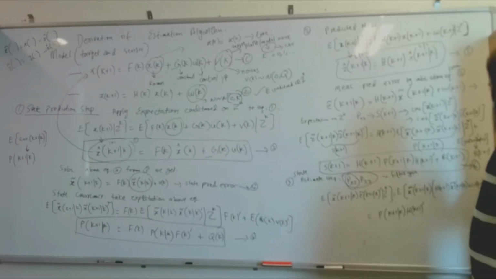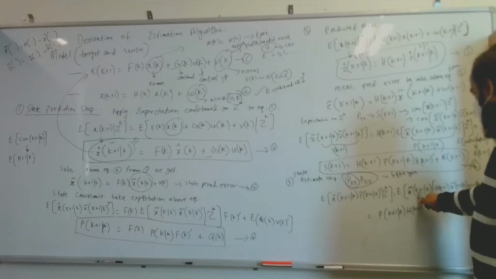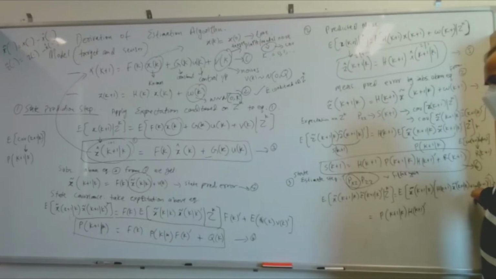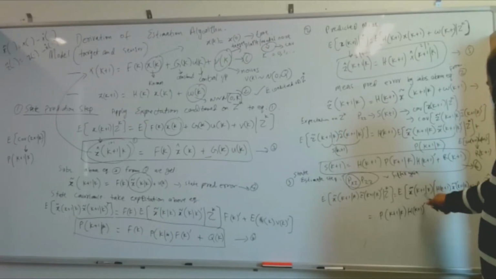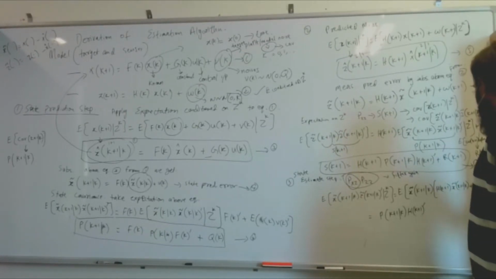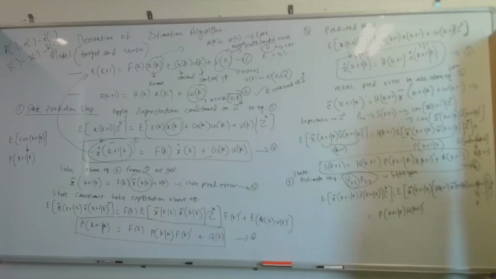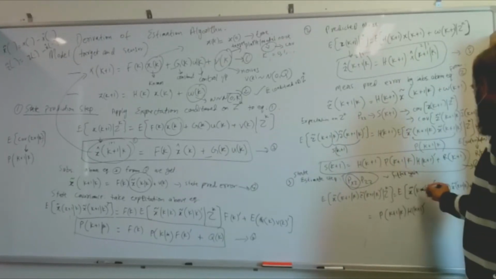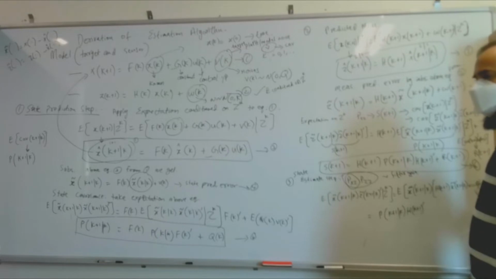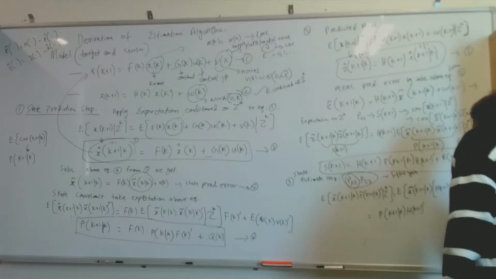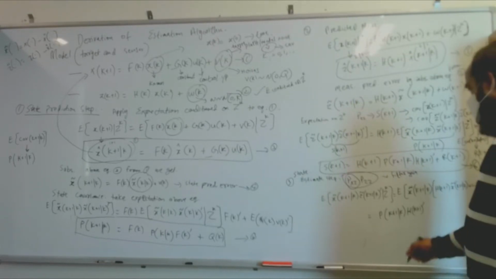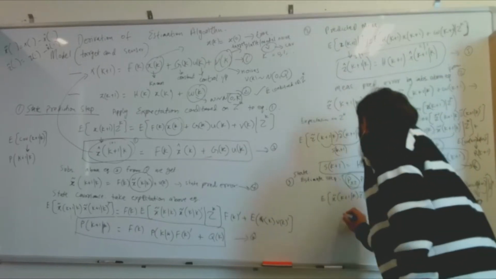And this other thing is multiplied with this one, but the expected value of this thing is 0. So 0 multiplied with this thing will become 0.